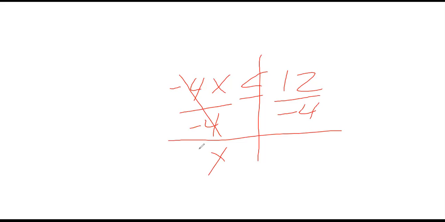So what would be the answer there? -3. But since the sign changed, it went from a positive to a negative, there's something we have to do with the inequality as well. You flip the sign to the other side. So keep that in mind just in case that comes up.